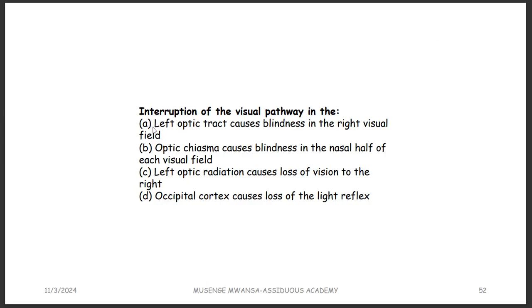When there is a problem with the left optic tract, does that cause blindness in the right visual field?